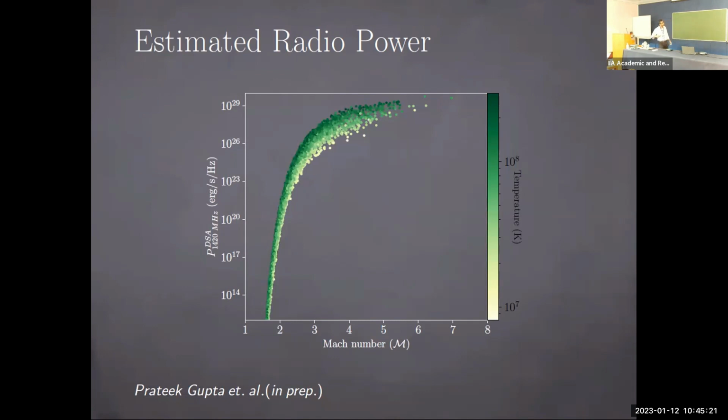So some additional electrons, acceleration process, or some other stochastic process is actually required for low Mach number shocks to accelerate the charged particles and give rise to radio emission. Whereas the high Mach number shocks are giving high radio emission, which is in the detectable range. So, thank you.